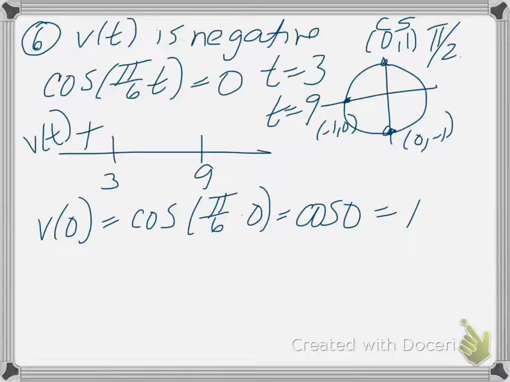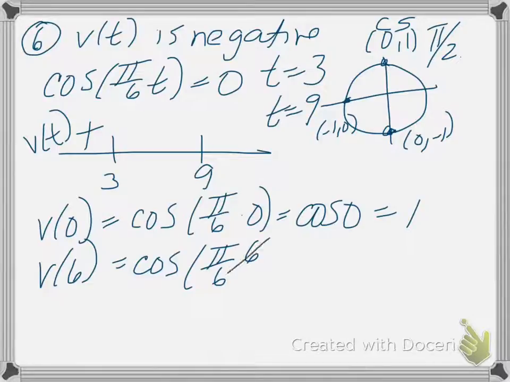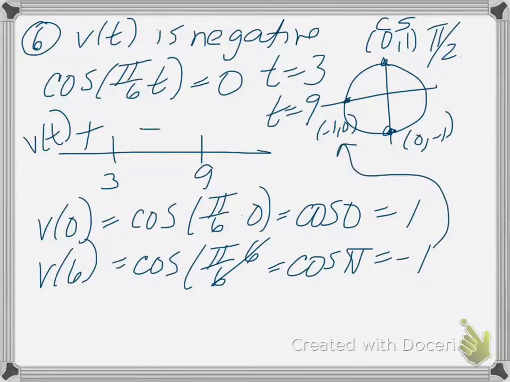If I try another number, like v of 6, 6 is between 3 and 9. Now I could have chosen 5, but I have to substitute into here, and if I choose 6, then the 6's cancel, and I'm just left with cosine of pi, which is equal to negative 1. So that's negative.